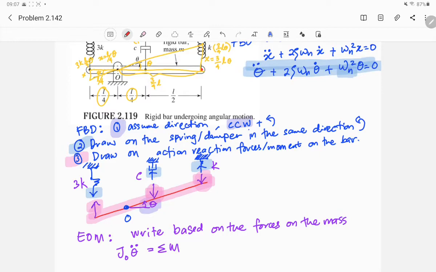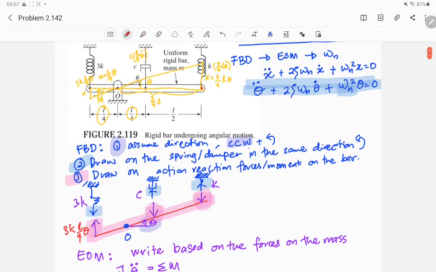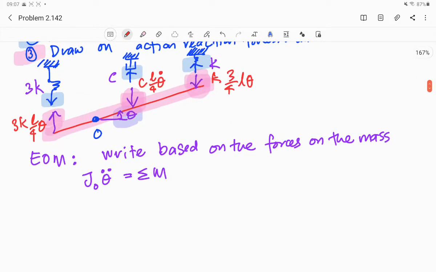Your free body diagram should have 3k times L over 4 theta, here C times L over 4 theta dot, and here k times 3/4 L theta. Okay, so we're done with our free body diagram. Sorry, just now I forgot to write the forces.